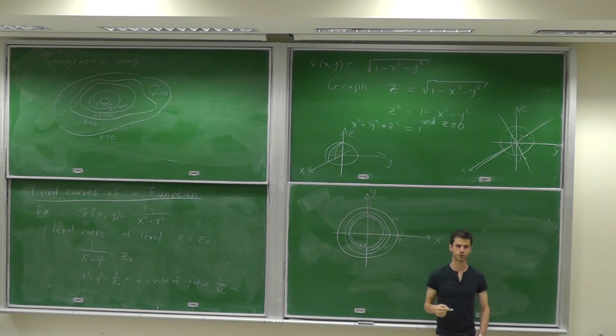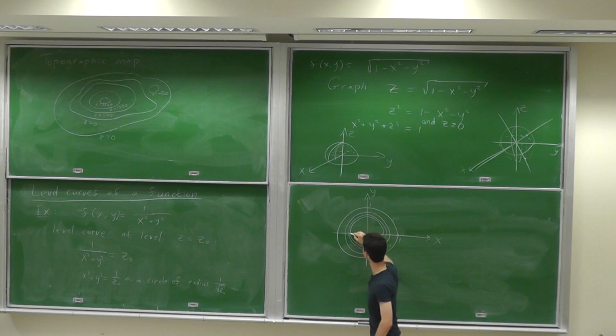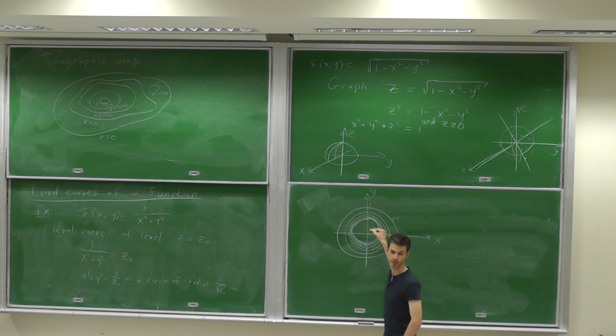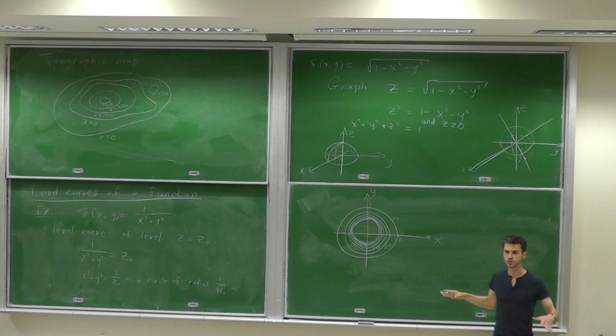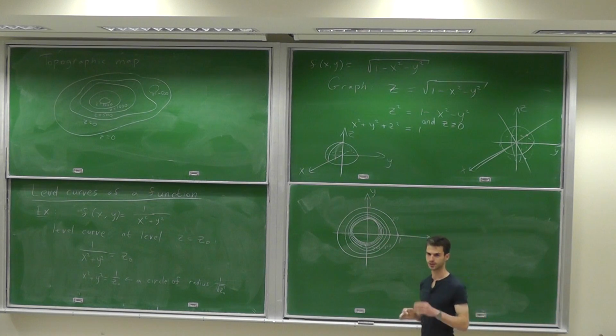Then I'll have a circle of radius 1 over square root of 5, square root of 6, square root of 7, 8, 9, and so on. So the circles will become denser and denser.